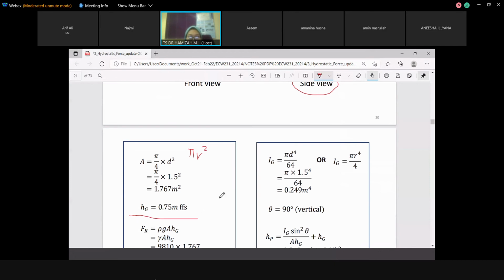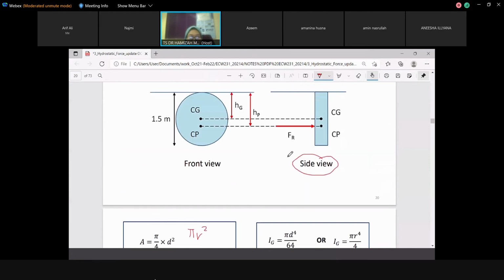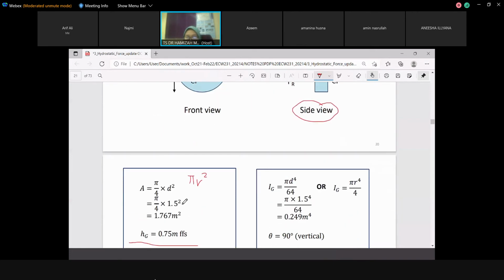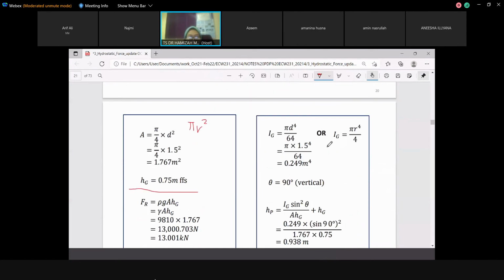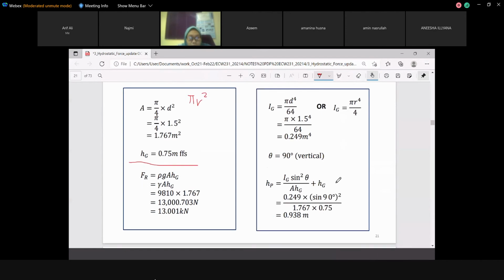So tinggi structure ni ialah 1.5, half of it ialah 0.75. Okay, after you get the amount of resultant force, you need to know the location of the force. We calculate the HP using the formula. So the HP is higher than 0.75. So correct.